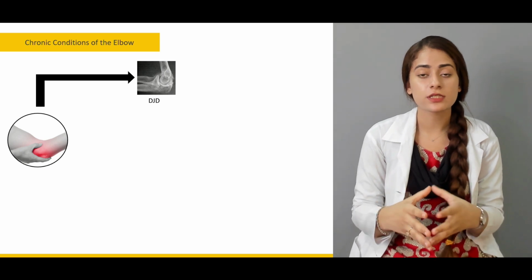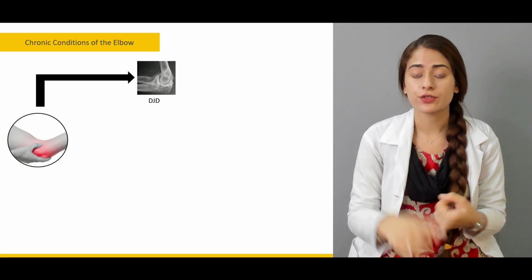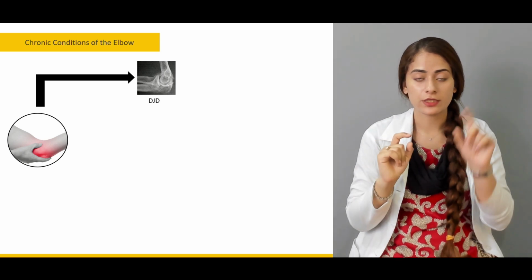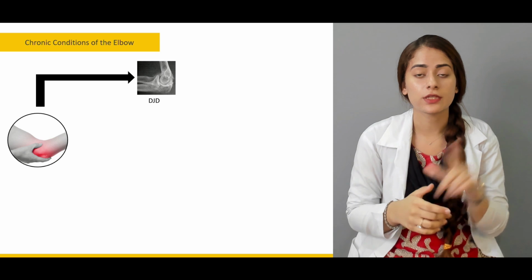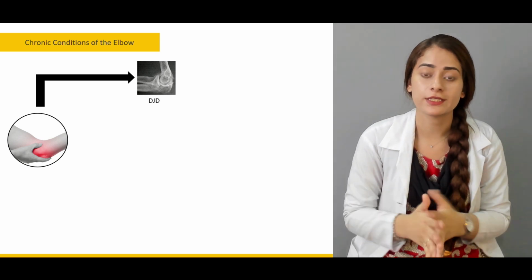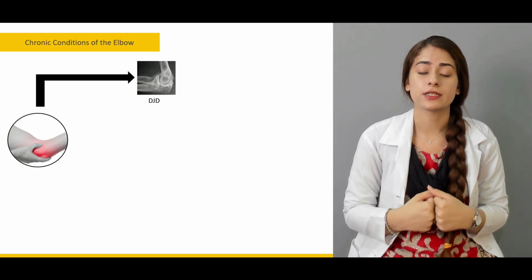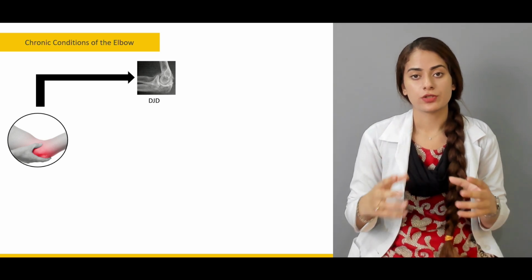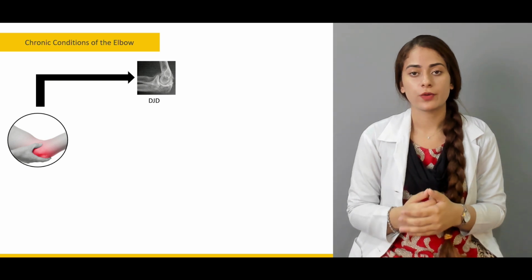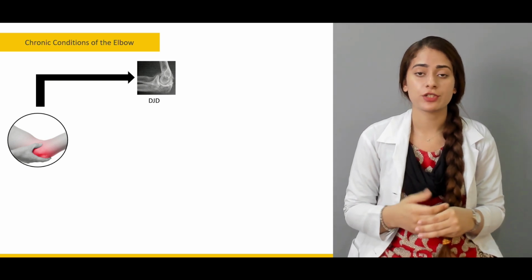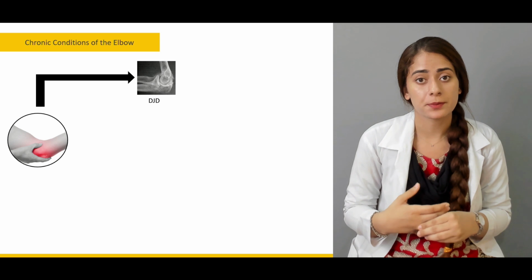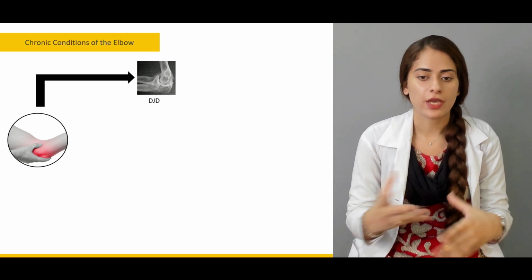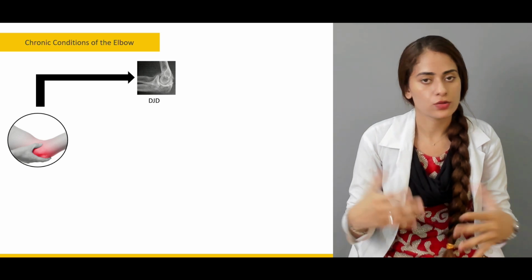So what happens in degenerative joint disease is there is an increase in the osteal activity, in the periosteal activity in the margins of the bone, also known as sclerosis. There is joint space reduction, which is a consequence of cartilage degeneration. We also talked about osteophyte formation. So all of these changes are collectively known as degenerative joint disease or osteoarthritis.